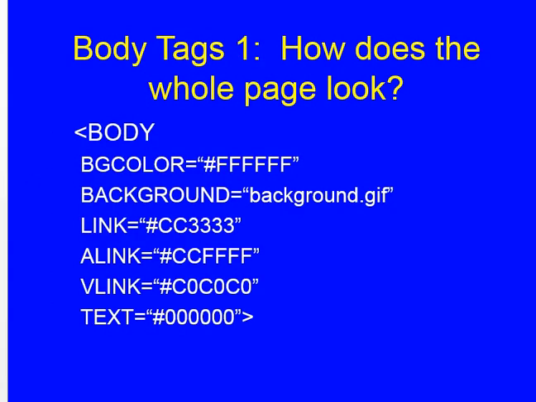Then in the body part, these are the default tags, and these are the properties of the body tag: bgcolor, background image, link, alink, vlink, text. For each property, the values we give will be adapted into the page.